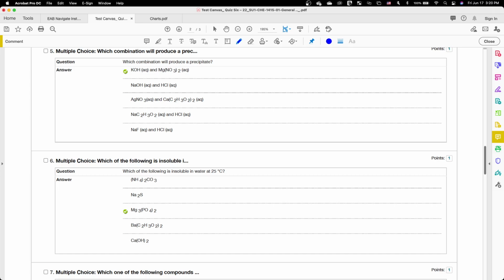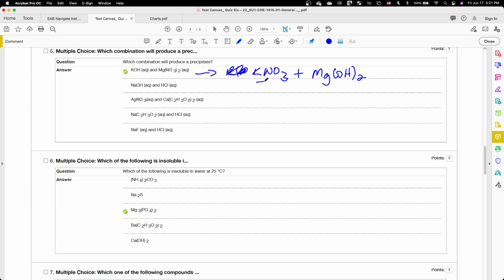So if you have here potassium hydroxide and magnesium nitrate, they'll switch partners, and you'll get potassium nitrate plus magnesium oxide. Right, magnesium oxide.